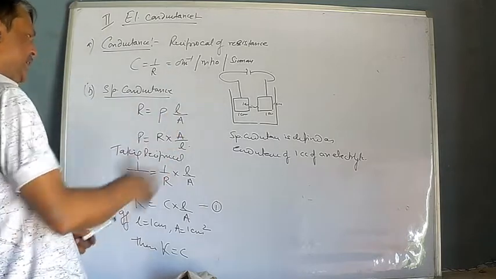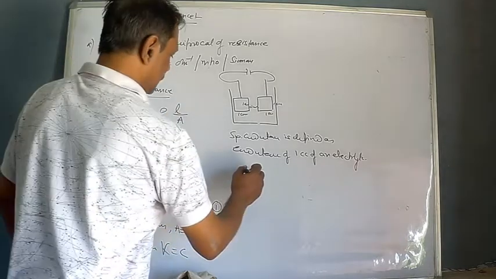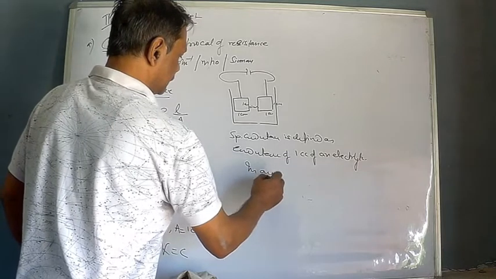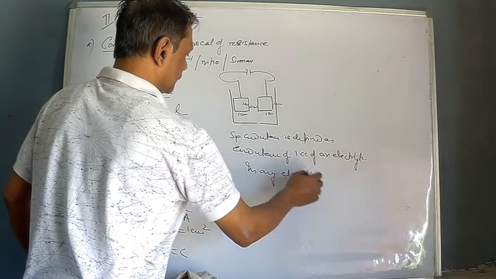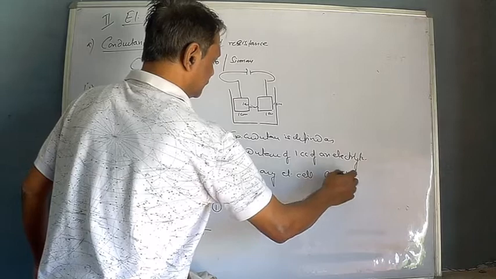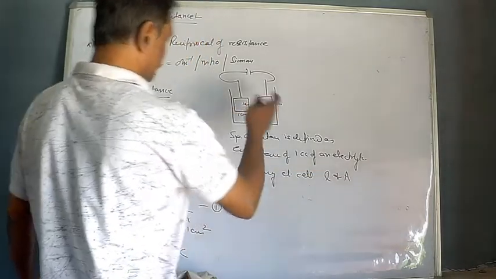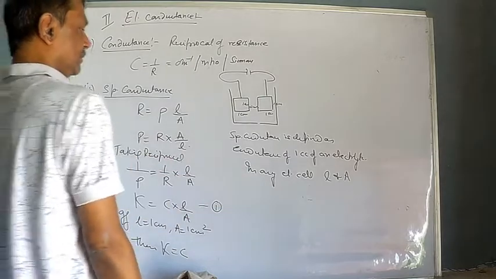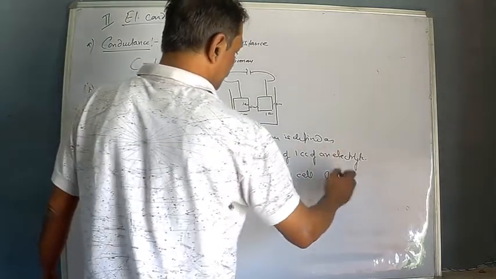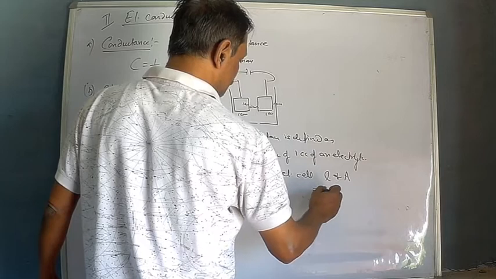Class, in any electrolytic cell, L and A, that is length of the rods and area of cross section of the electrolytes, are always same, hence also called cell constant.